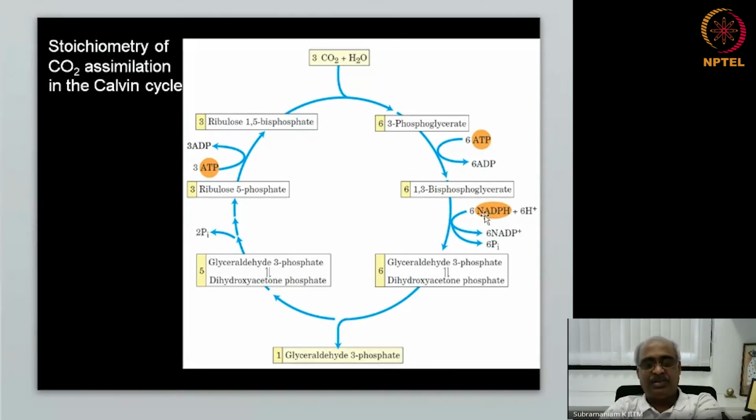And this you remember at the end of the photosystem 1, the electrons are transferred to NADP, and that is reduced to NADPH. So that's how we have these inputs going in, and this is the net output. Okay, so this is the summary of photosynthesis and carbon assimilation reactions.